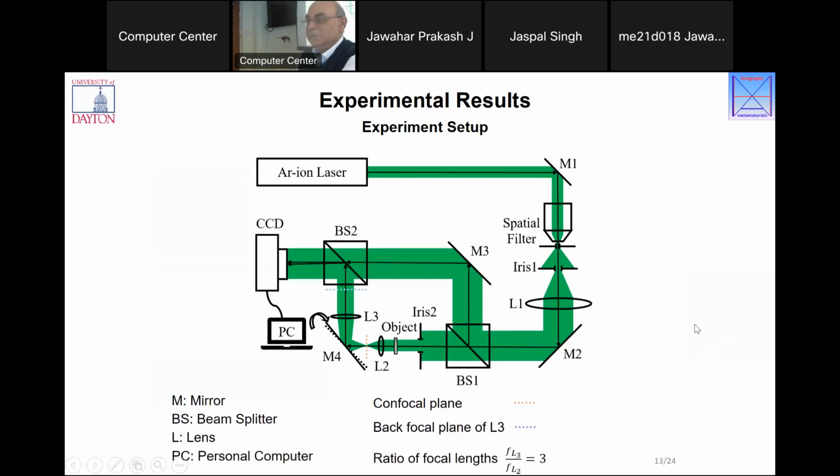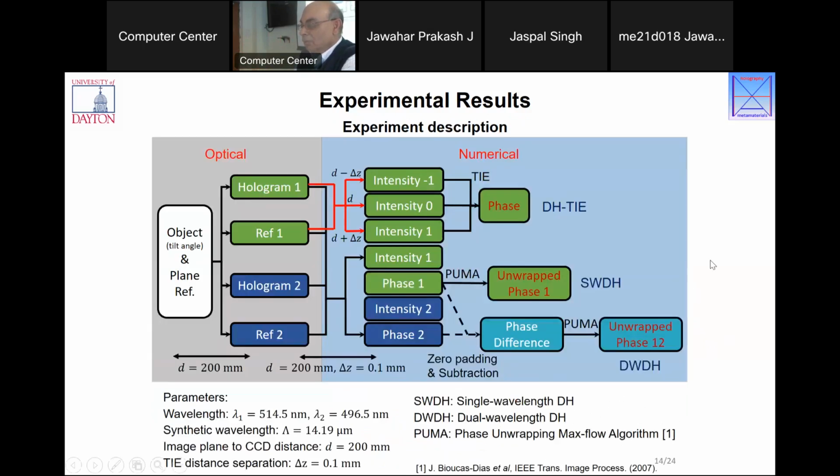In experiment, we set up the same kind of stuff. We are actually doing exactly the same thing: we record the hologram, and then we reconstruct it. That's all. Now, one of the things we tried to do, because we are trying to show how good or bad this is without hiding anything, was a comparison between a hologram recorded at wavelength lambda 1 and a hologram at wavelength lambda 2.